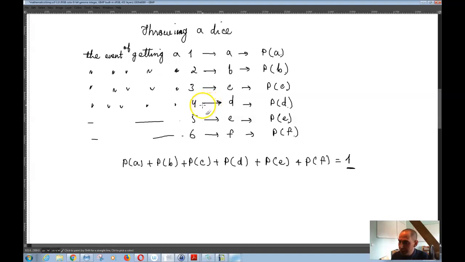The only 6 possible outcomes are these 6 things happening, and if you add their probabilities together, you will always get a 1.